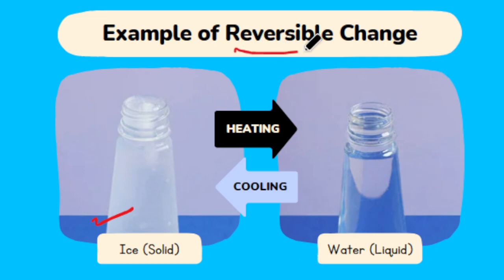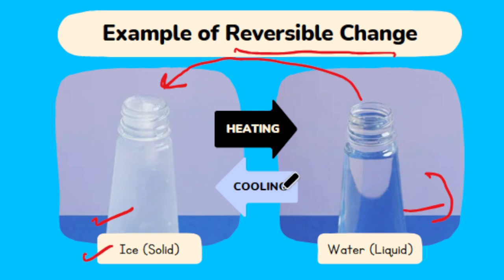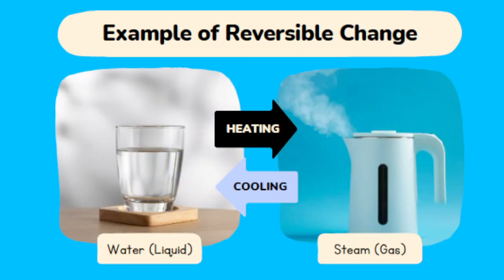That means when we have water, we can convert it back into its original form, ice. Another example: when we heat water it changes into steam, and we can reverse this by cooling. So yes, physical changes are reversible, which is very important.